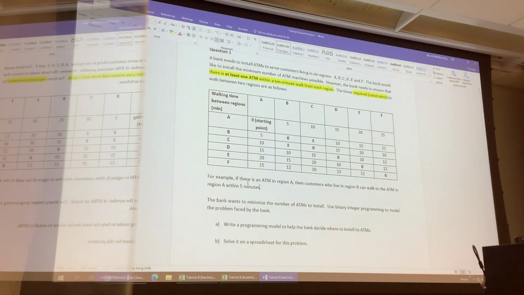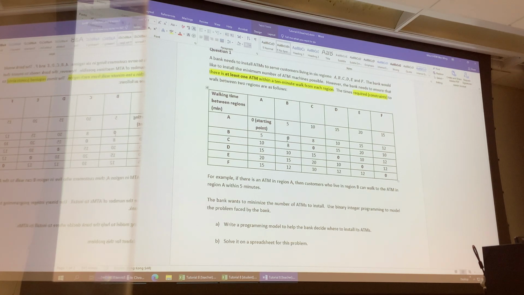So for example, if there is an ATM in region A, then customers who live in region B can walk to the ATM in region A within 5 minutes. So if the ATM is located here in region A, and the customer lives in region B, the starting point is here.